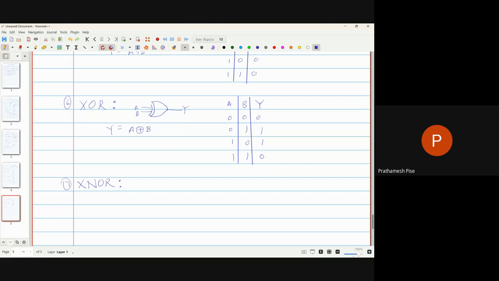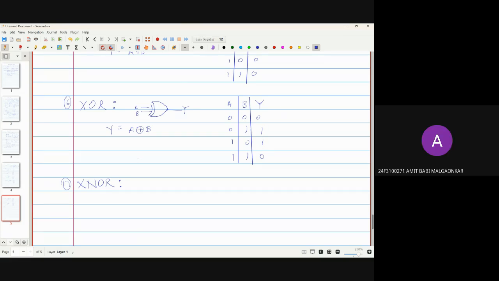In one of the weeks' GA, there was a question where Ankit sir said that the output of a three input XNOR and the output of a three input XOR will be equal. That does not make sense because by definition they should be opposite.